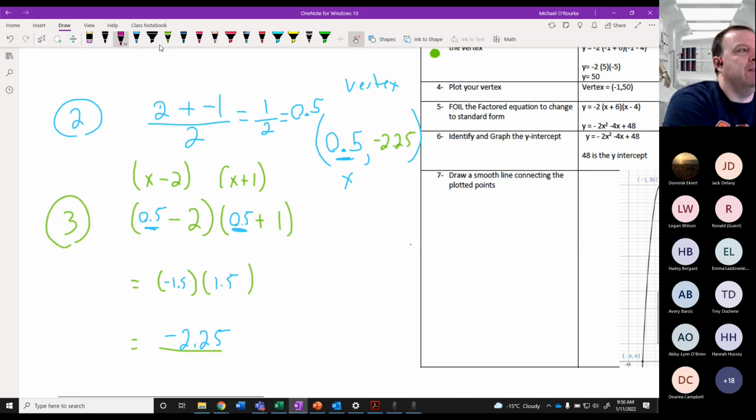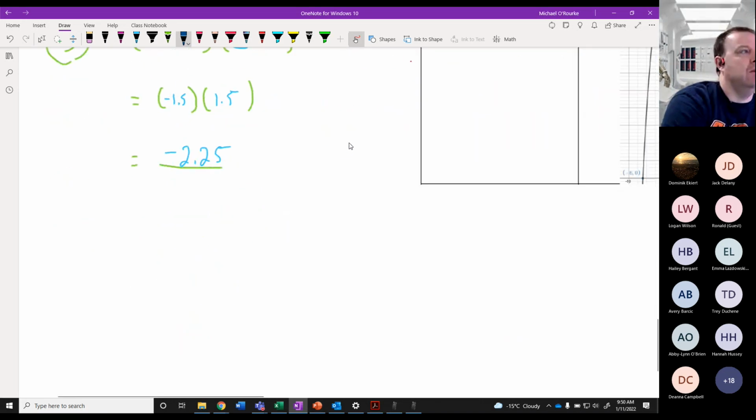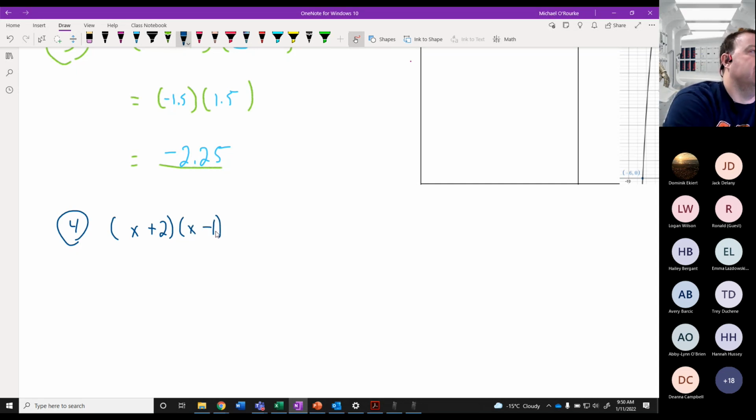Now we plotted the vertex already. We saw that. Now my next step, I need to get my y-intercept, so I need to FOIL to get the standard form. So I have x plus 2, x minus 1. Oh, sorry, that's opposite.